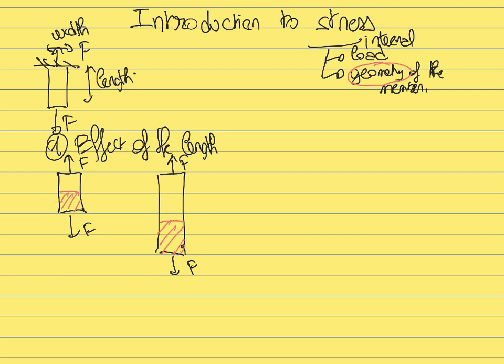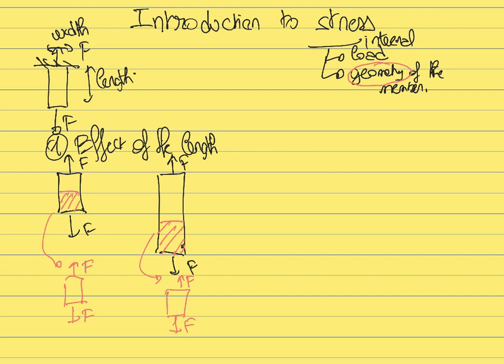So then we can isolate the bottom part and apply the condition of equilibrium on this bottom part. And again, because this bottom part is at equilibrium, then the reaction force applied by the top to the bottom is also going to be equal to F, right?